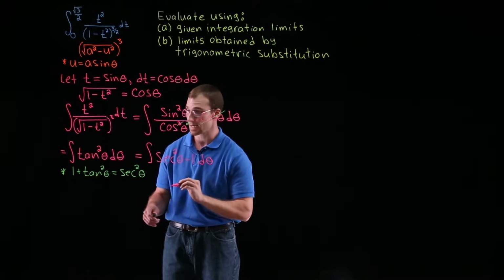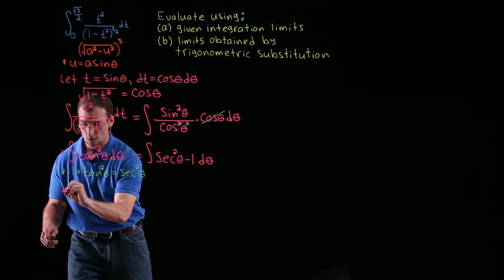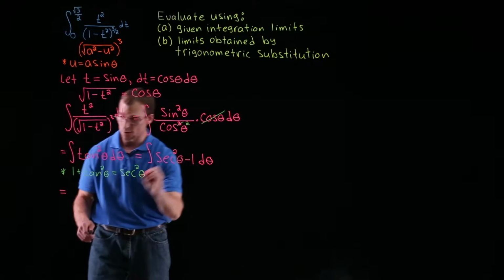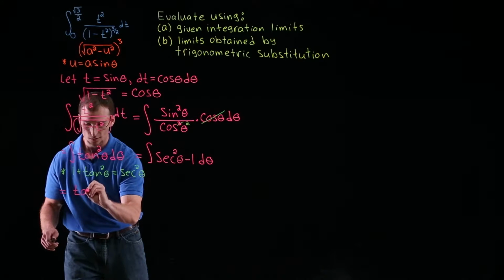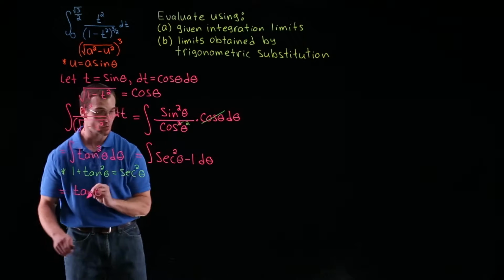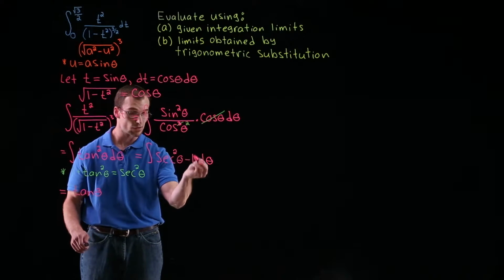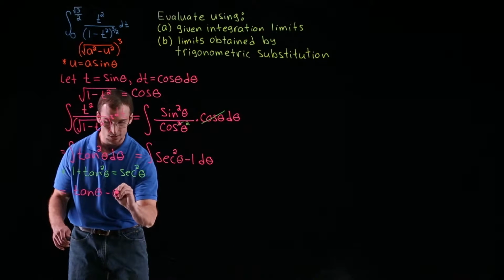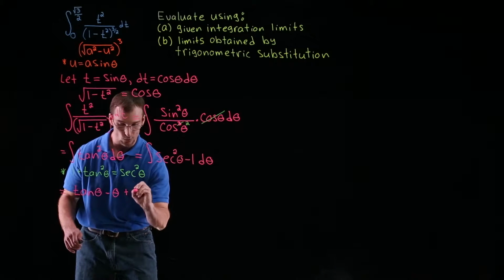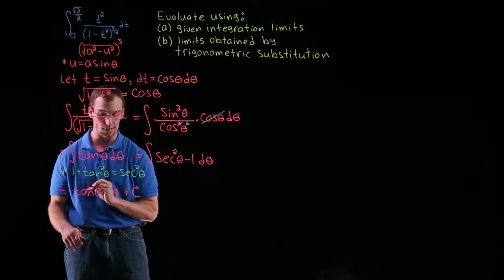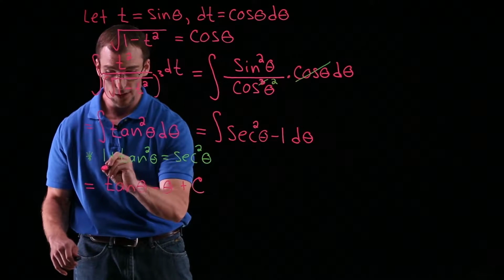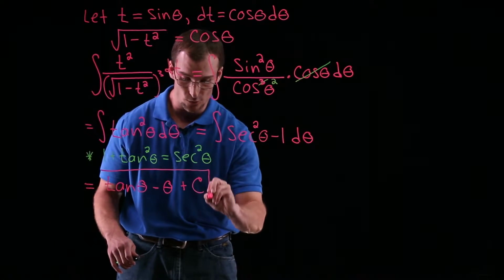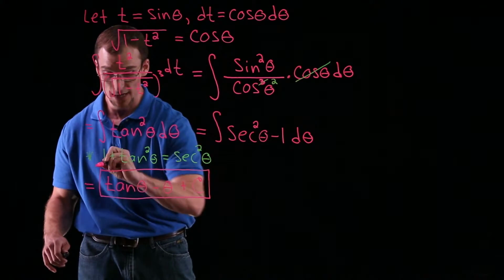Like we said, we can take the antiderivative of this. The antiderivative of secant squared is tangent of theta, and then the antiderivative of minus 1 with respect to theta is just going to be minus theta. And of course, at this point, we have plus some general integration constant c.